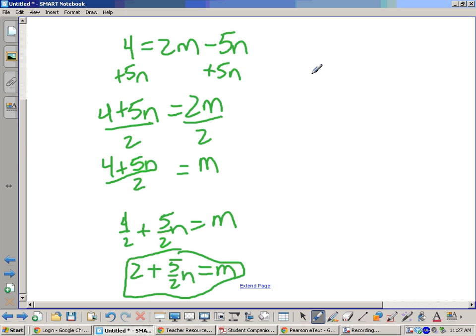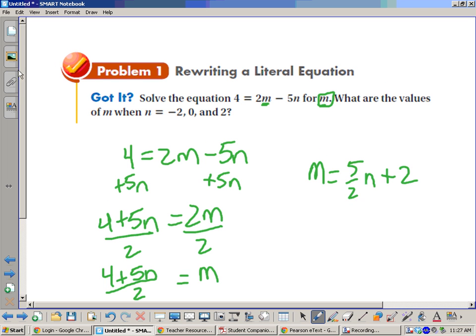So I'm going to rewrite it up here because I'm going to use it. I'm just rewriting it. 2 plus 5/2 n is the same thing as 5/2 n plus 2. Anyways, we're going to use it because they're going to give us some information in this problem. They're going to say when n equals -2, let's go through and solve and see what m could equal.